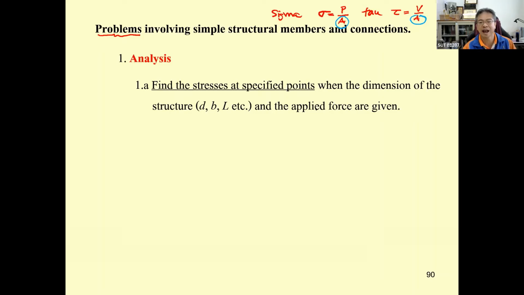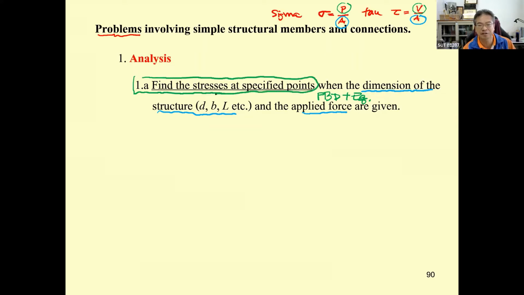And also, if you know the applied force, you may use the free body diagram and the equation of equilibrium. You may determine the normal force. You may determine the shear force. And then the first type of problem is just to find the stress at some specific points by using this equation.